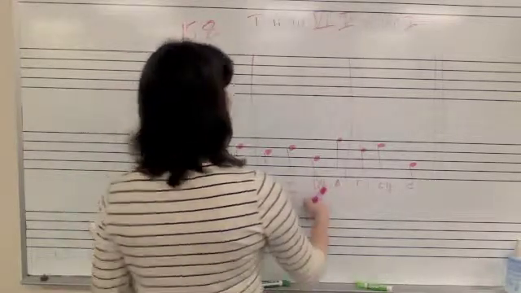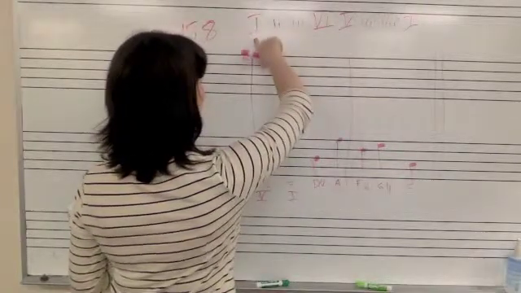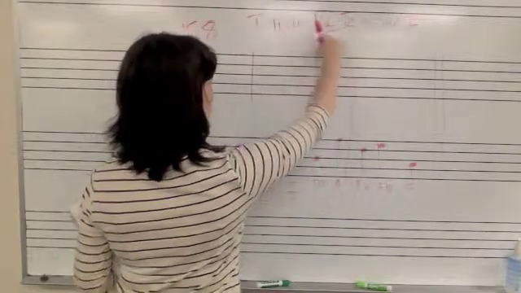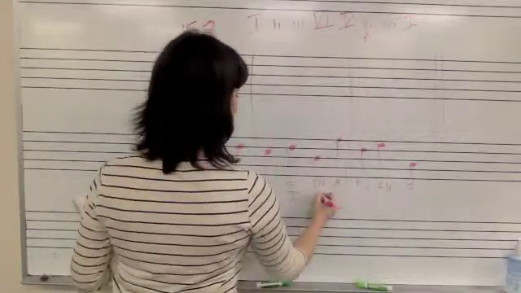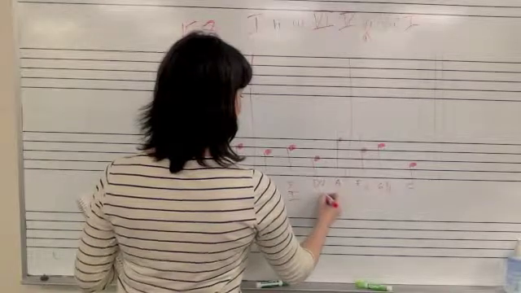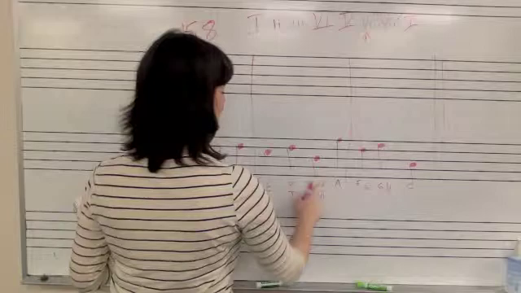Go to D. So in the key of F, we've got F, G, A, B, C, D. So this should be a minor 6 chord. All right? So D minor.